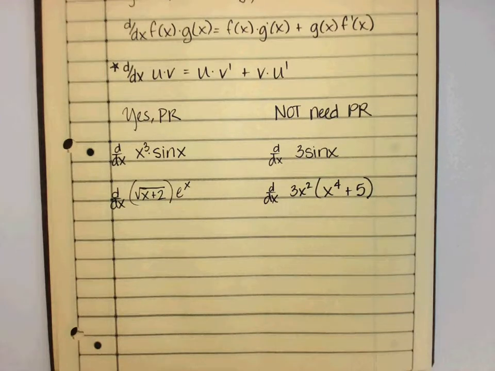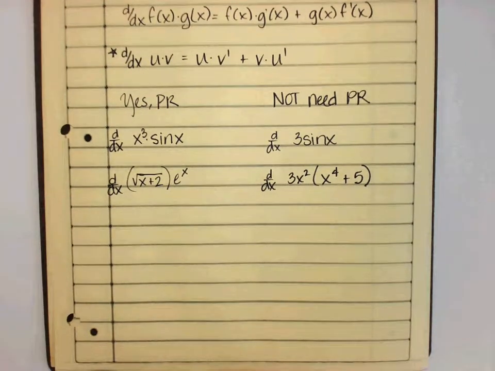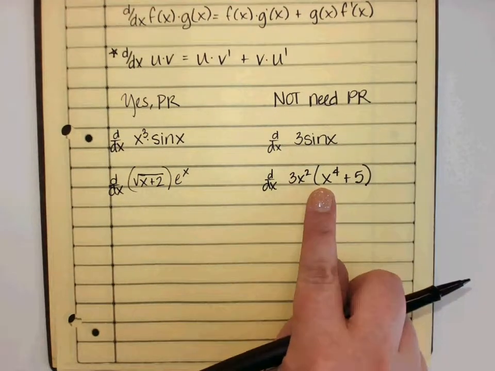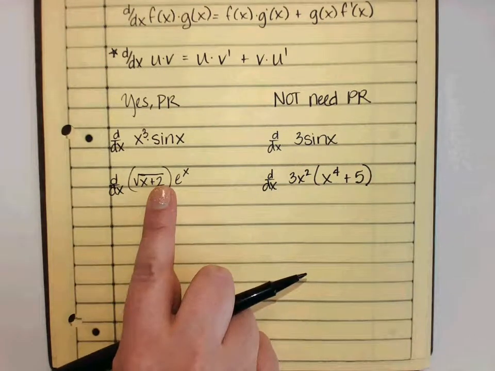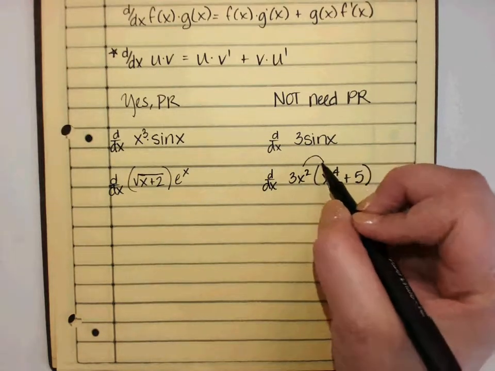Now, here's why. What can I do to avoid product rule on this example that I can't do on this example? Someone already whispered it. Distribute, right? And then it's not a product anymore. So I can fix this.